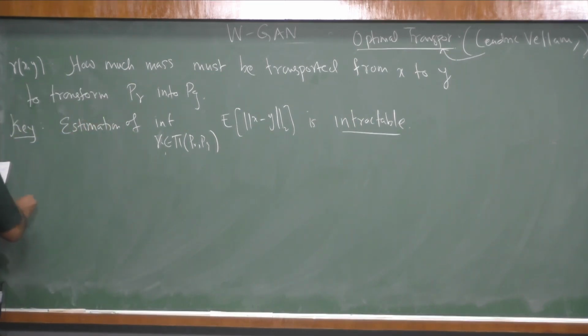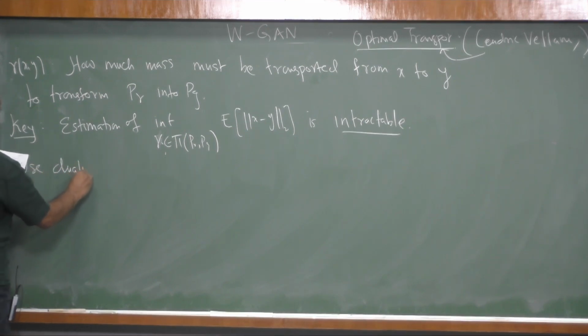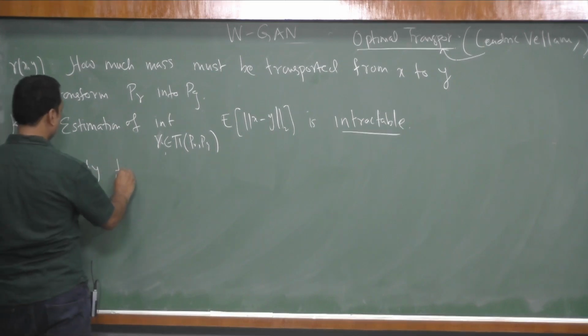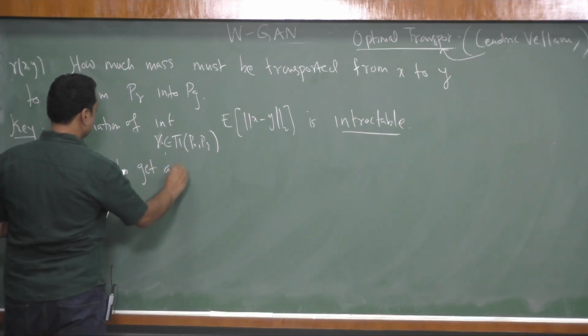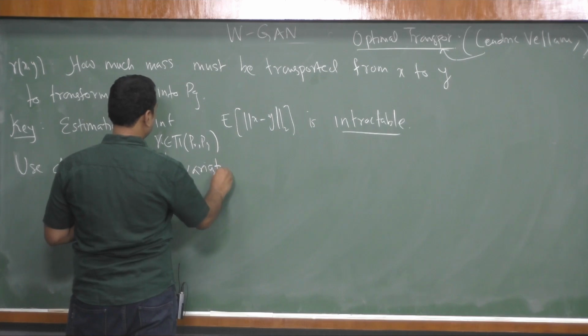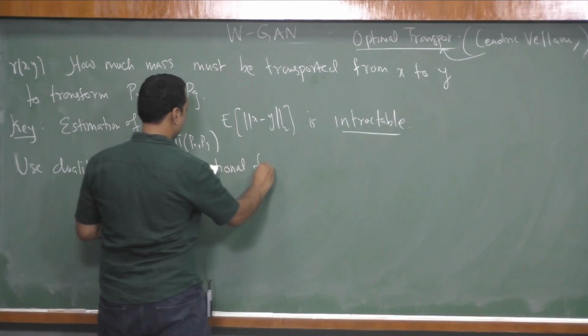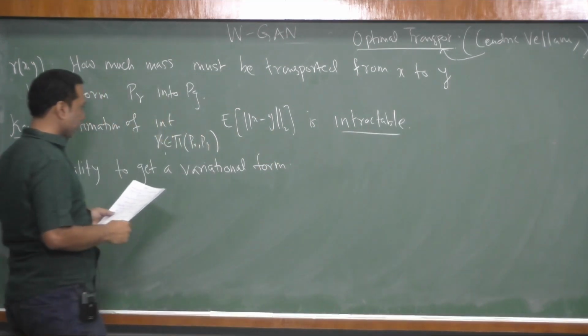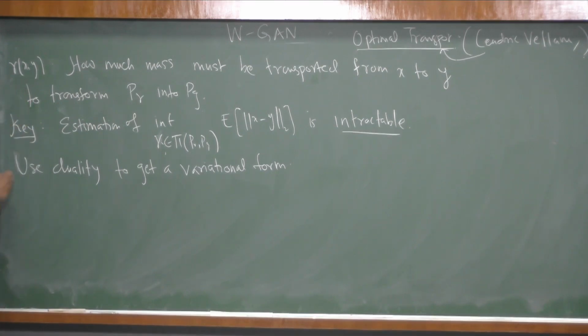So here the key idea is again to use duality to get a variational form. That's why we did duality in the beginning today. We saw the constrained problem: minimize f_0(x) subject to f_i(x) less than or equal to 0.